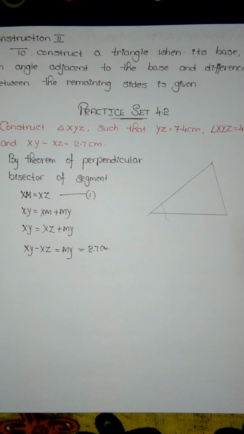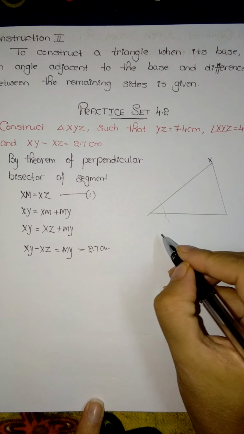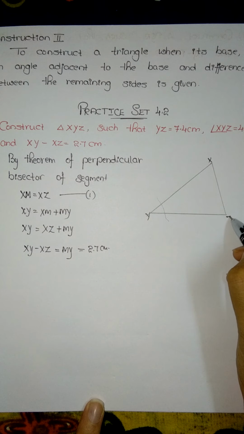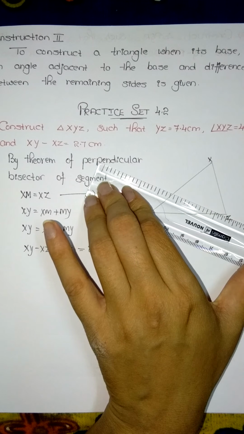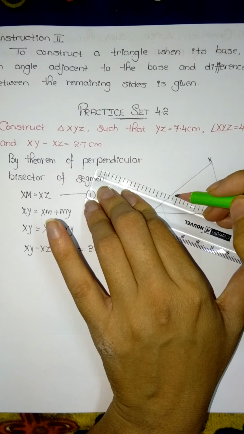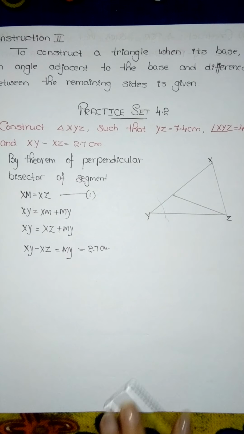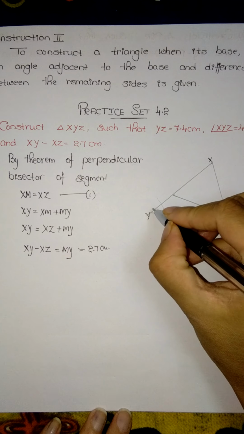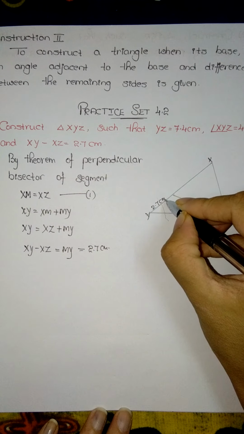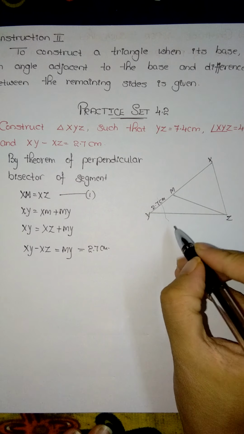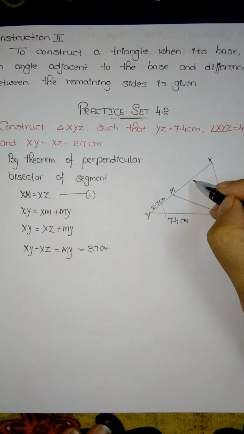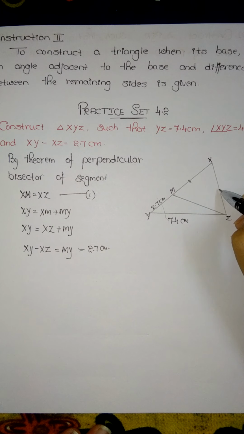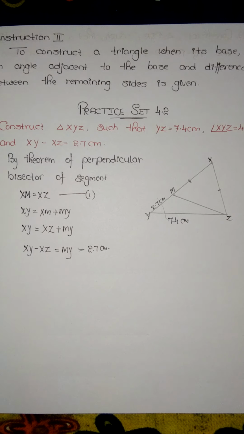So this is triangle XYZ, and here this is the line which shows the 2.7 centimeter, that is MY, and here it is 7.4 centimeter. So here these two sides are equal. Now let us draw the diagram.